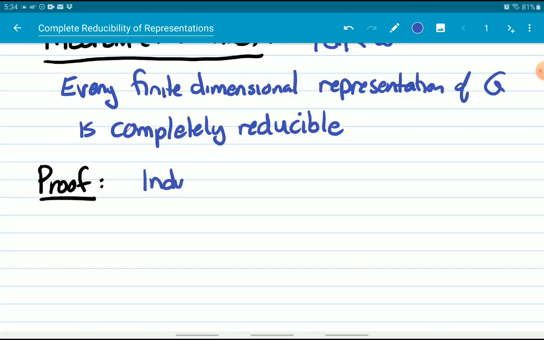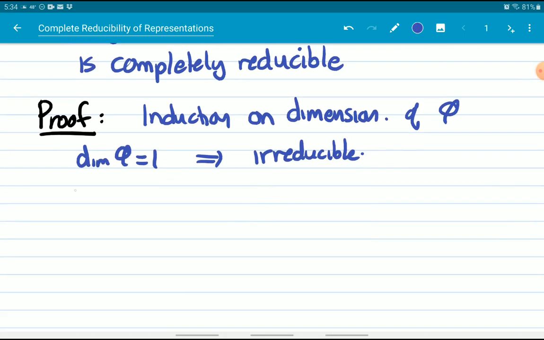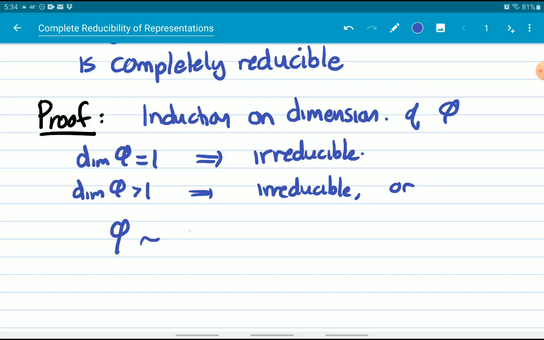It's an induction on the dimension of the representation. So we can exclude the zero representation. If the dimension is 1, we've seen those are always irreducible. And in general, if the dimension is bigger than 1, either it's irreducible or it's equivalent to a direct sum of two representations, phi1 and phi2.